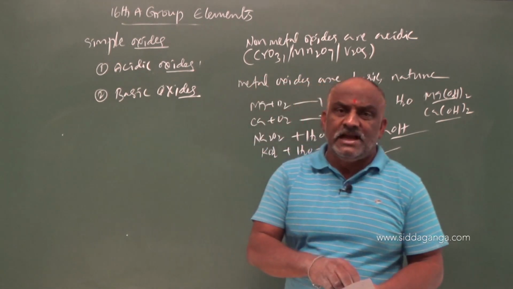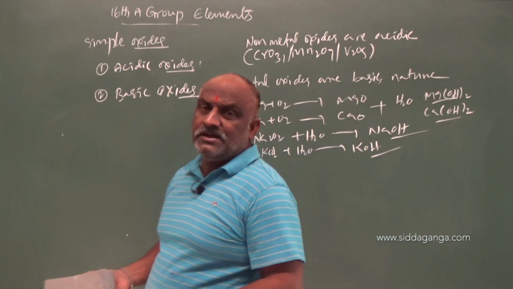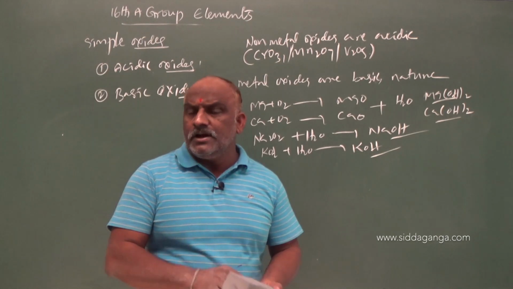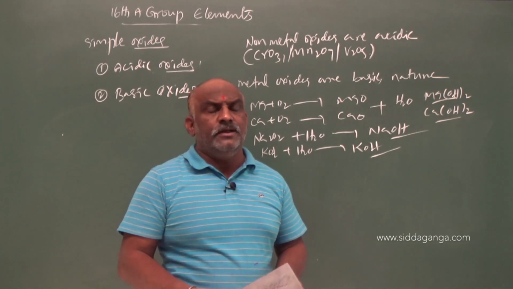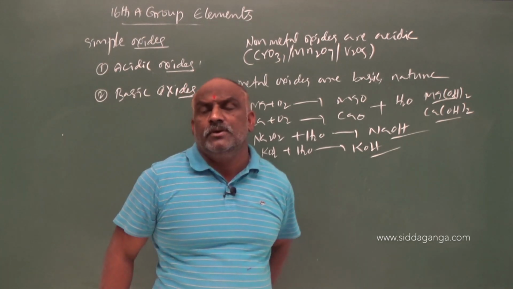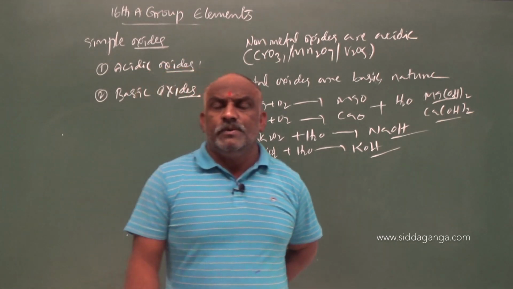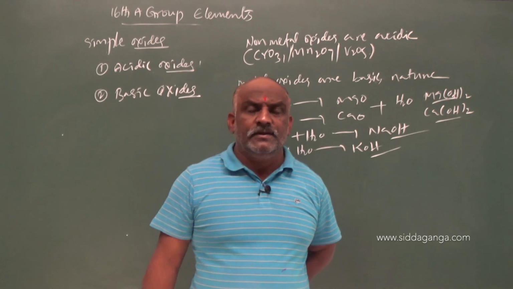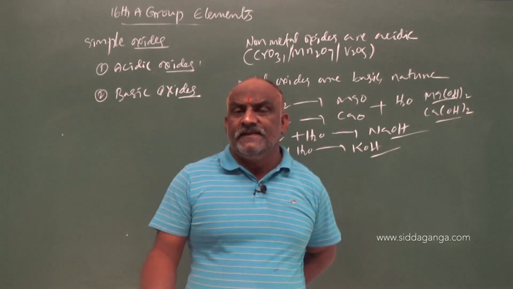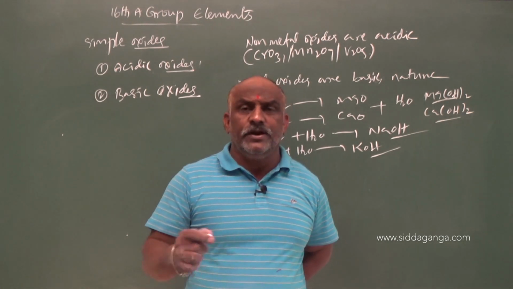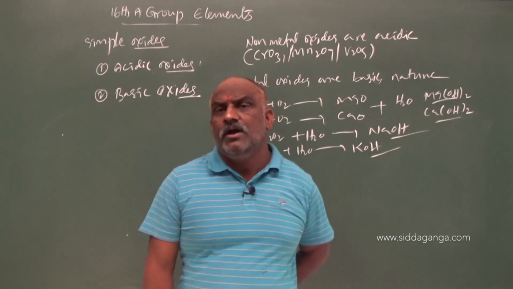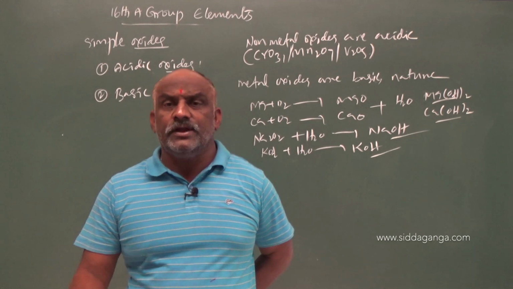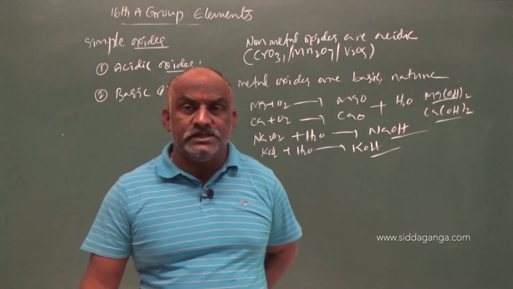both, which reacts with acid as well as reacts with base, is said to be amphoteric. What are good examples of amphoteric oxides? In the periodic table we know that some metalloids are there, and those are amphoteric in nature. SnO2 is amphoteric in nature, ZnO amphoteric, Ge2O3 amphoteric, Sb4O6 amphoteric.